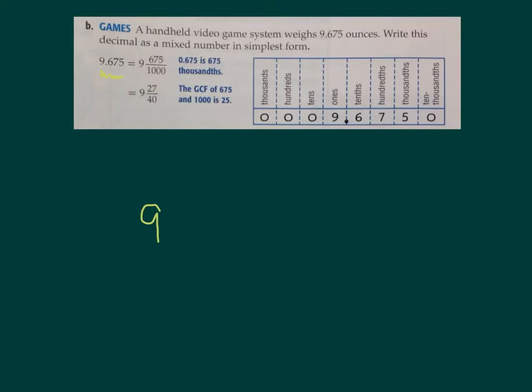So then I'm left with 675, and you can use this chart here to see how they got to thousandths. When it's three places to the right of the decimal, it's thousandths. So 675, and because I say it thousandths, that would be my denominator.